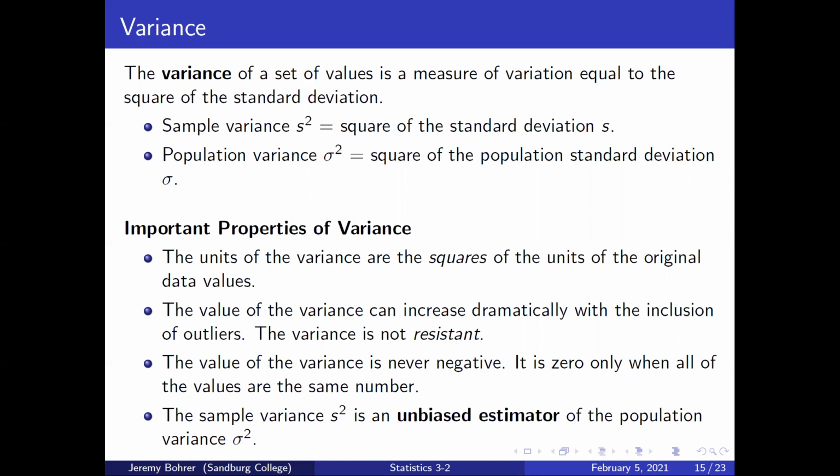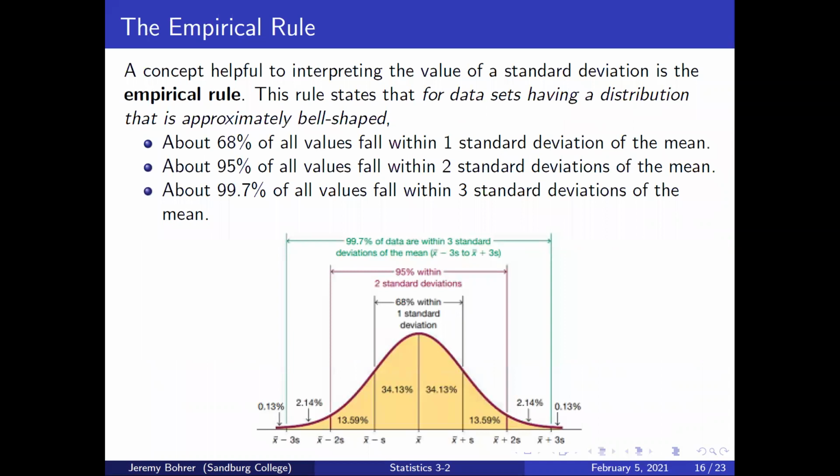The value of the variance can increase dramatically with the inclusion of outliers, so the variance is not resistant. The value of the variance is never negative. It is 0 only when all of the values are the same number. And the sample variance S squared is an unbiased estimator of the population variance sigma squared.